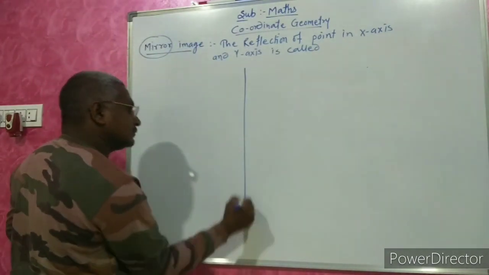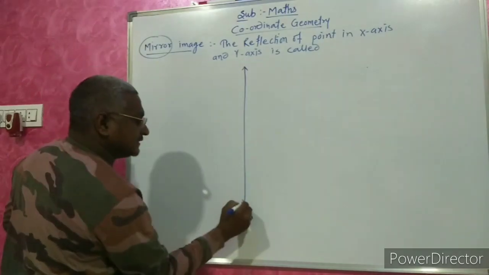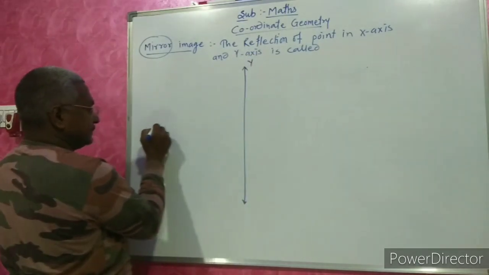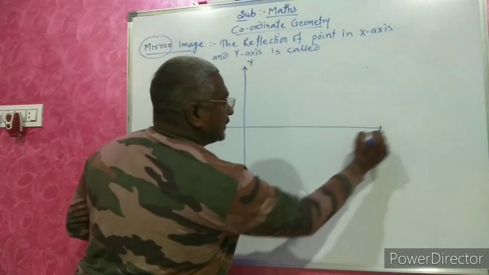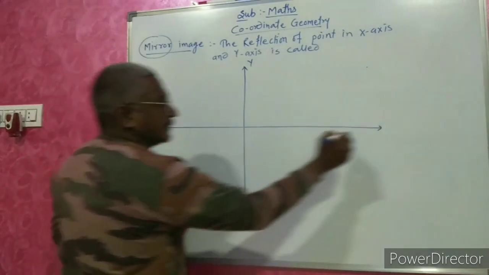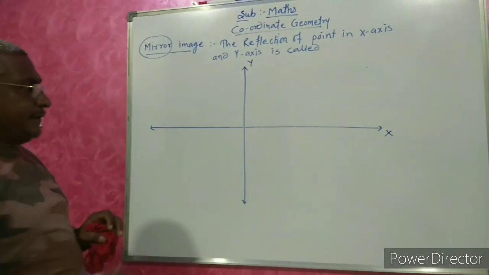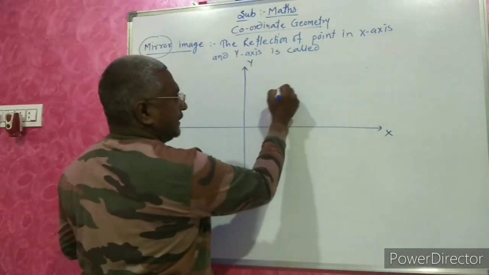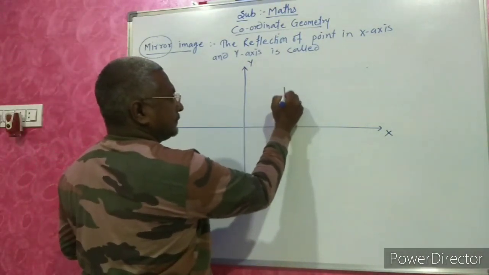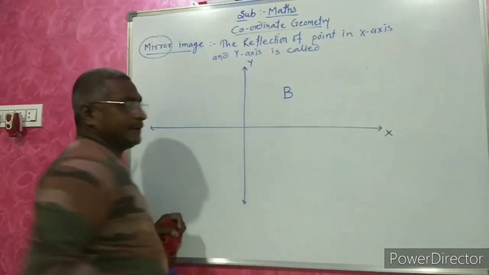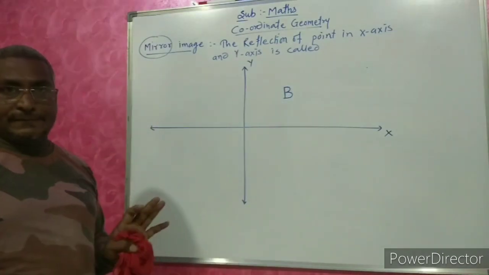Suppose this is the y-axis, this is the x-axis. Just an example I am giving. Suppose here B is a point.